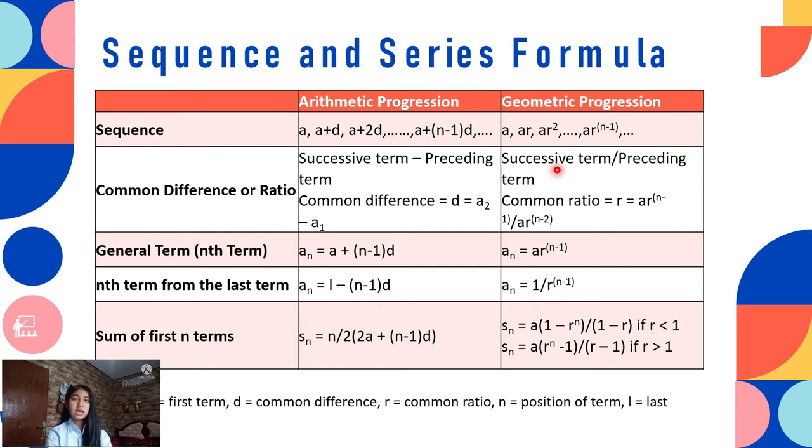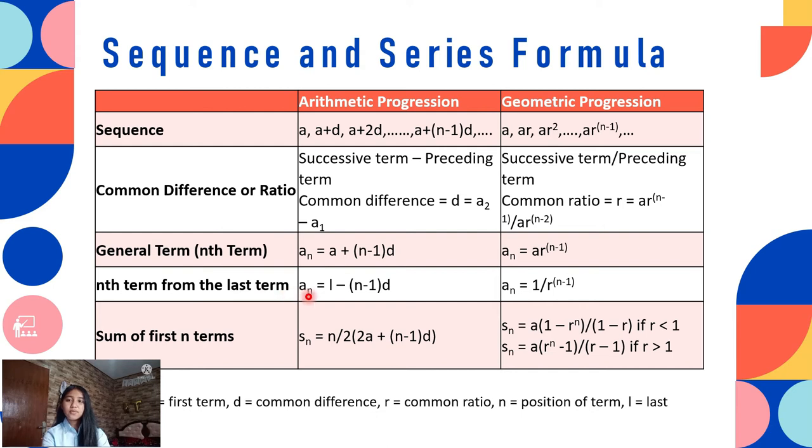In geometric, the common ratio r equals ar to the power n minus 1 over ar to the power n minus 2. Next, the general term: a sub n equals a plus (n minus 1) times d for arithmetic, and for geometric, a sub n equals ar to the power n minus 1.